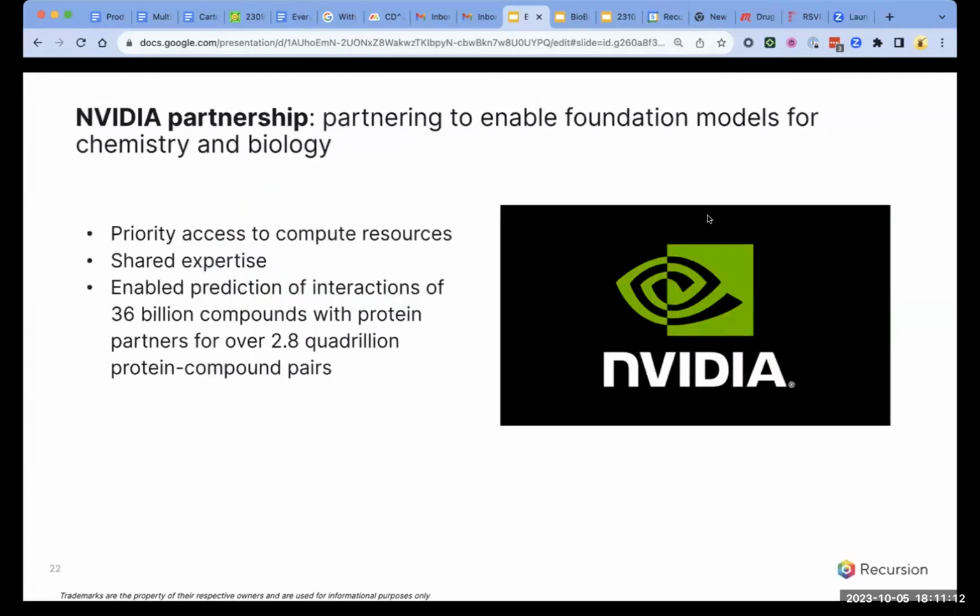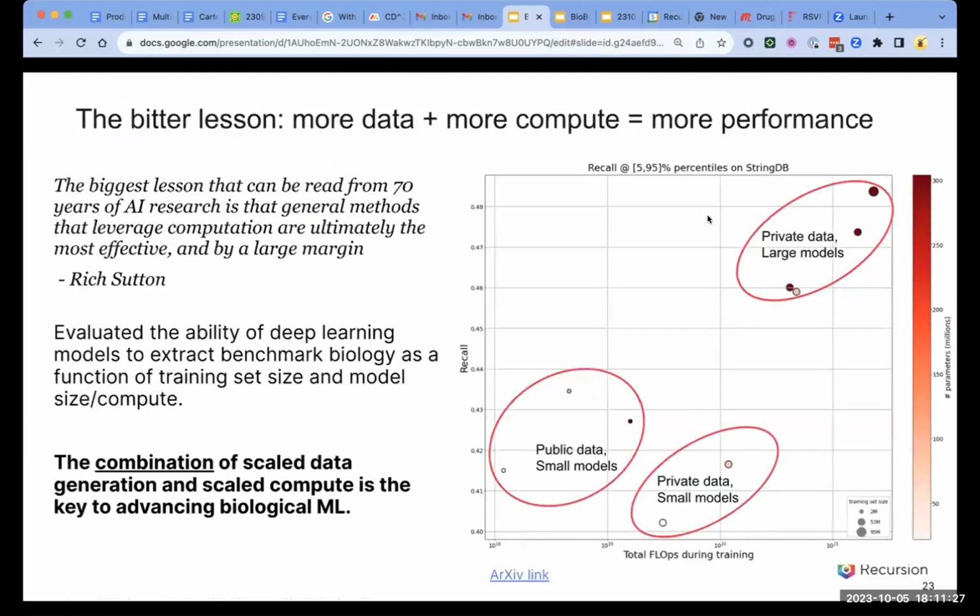We've also recently talked about this NVIDIA partnership, which gives us the ability to do a lot of compute on their platforms and lets us drive these foundation models for biology and chemistry that you'll hear more about later tonight. And really the reason is that this is the bitter lesson about AI research, which is that if you want to get good AI models, you have to have both big data and big compute to compute on that data.